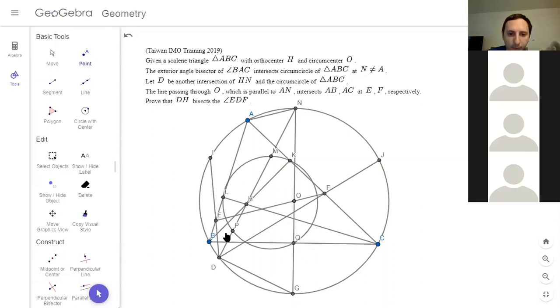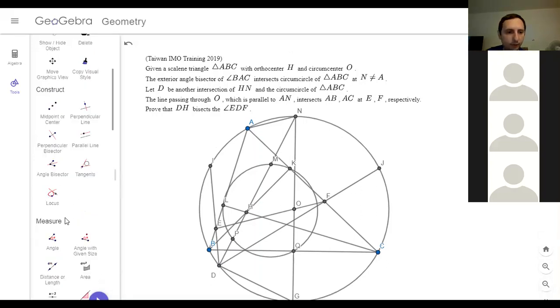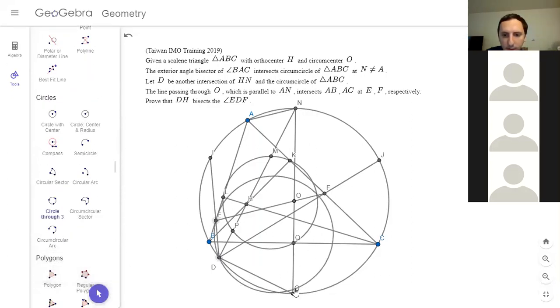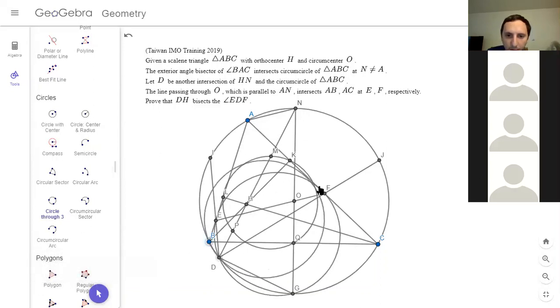So yeah, if we could just show that BDF is 90, that would solve it. Is EDGF cyclic? Yes. So yeah, we want to show angle BDF is 90. I'm going to draw that circle again.